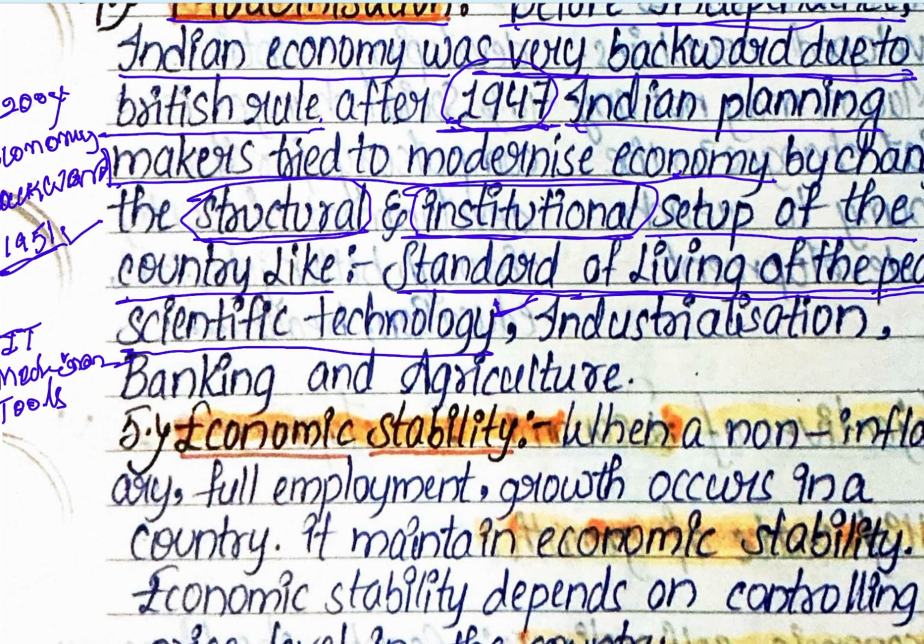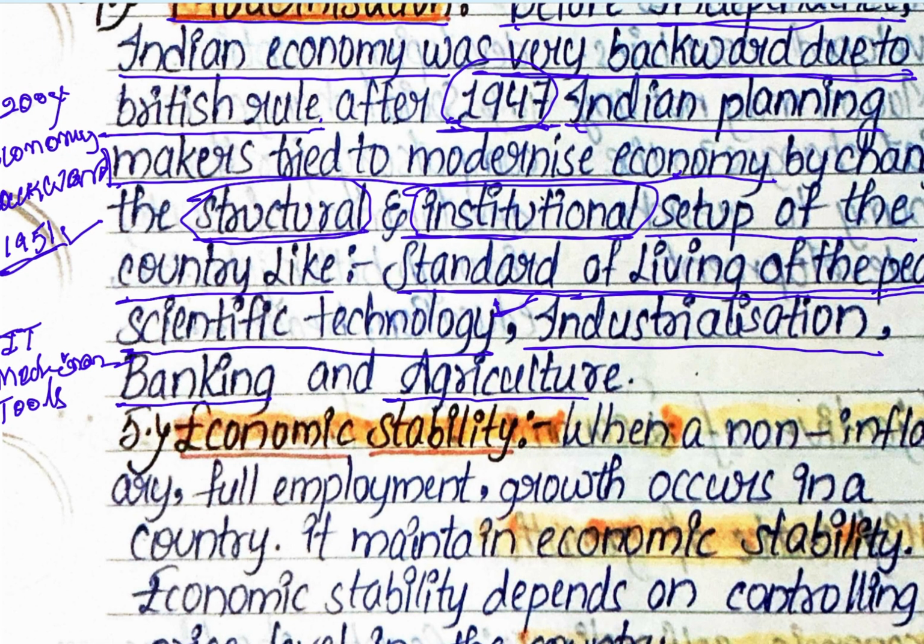And another one, industrialization. Rapid industrialization was also taken up after the independence. Before the independence there were no industries in our country, and banking services are also developing in our country.